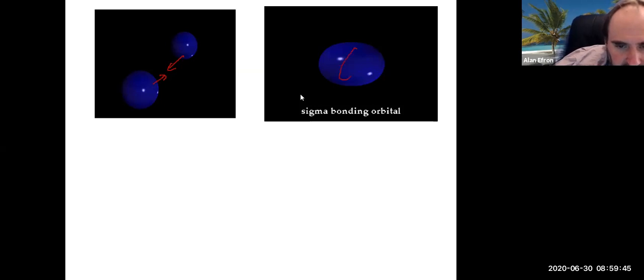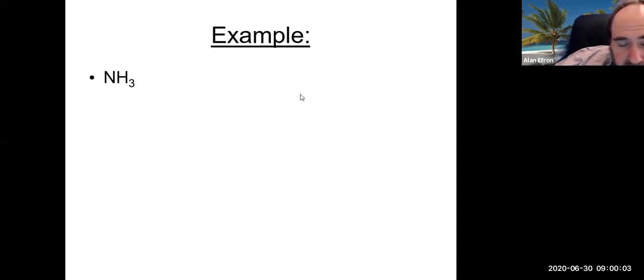And again, hard to see in this picture, but you get this area of overlap as they squish together. And again, that's where we have our sharing of electrons and results in our sigma bond. So let's take a look at NH3 and see how the hybridization works for something like NH3.